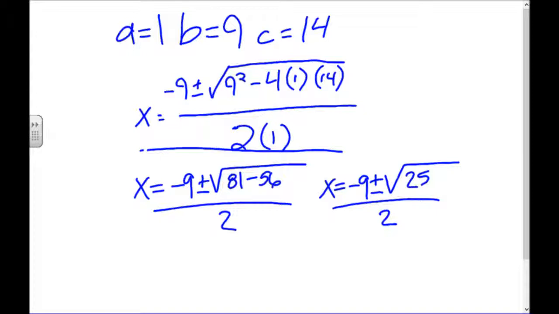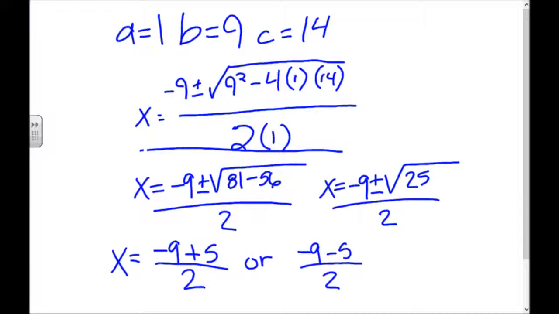After you do this, you do the positive or negative square root of 25, which is 5. So since the square root of 25 is 5 and it's got the plus or minus symbol, you have these two expressions, and this one equals -7 and this one equals -2.